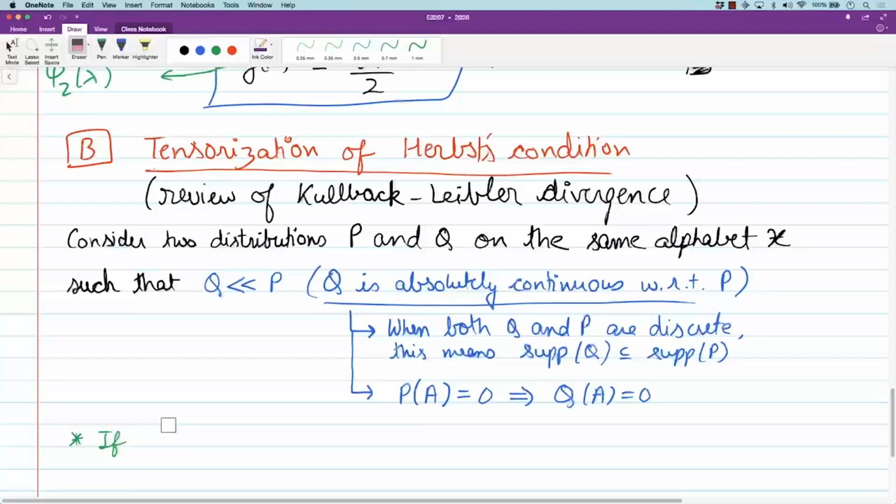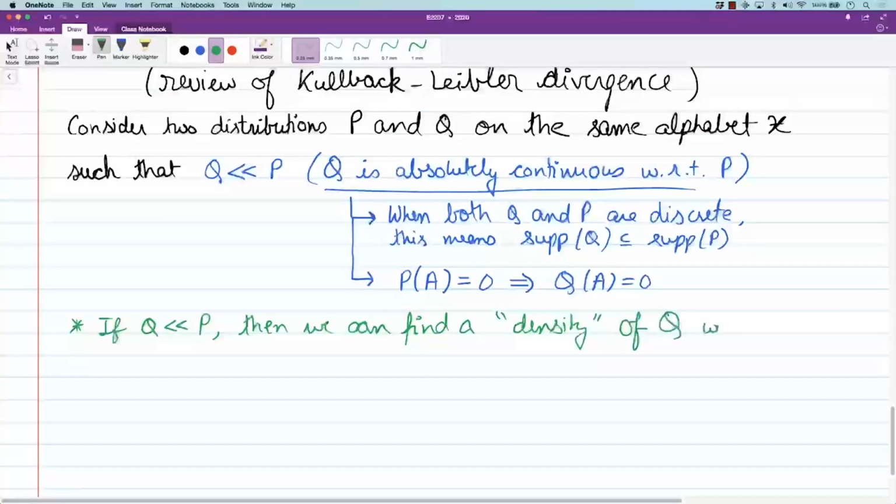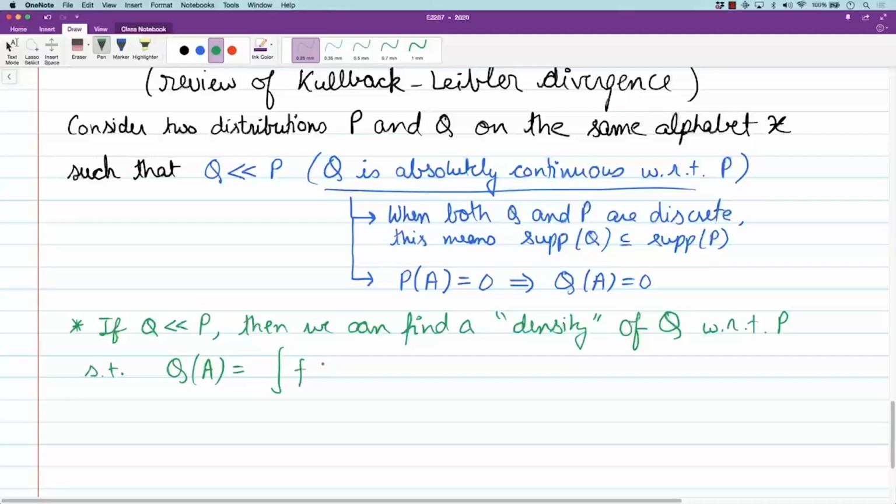If Q is absolutely continuous with respect to P, then we can find a density of Q with respect to P such that, if you want to measure the probability of any set under Q, you can integrate over this density.